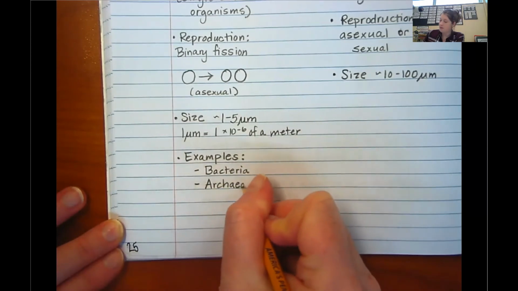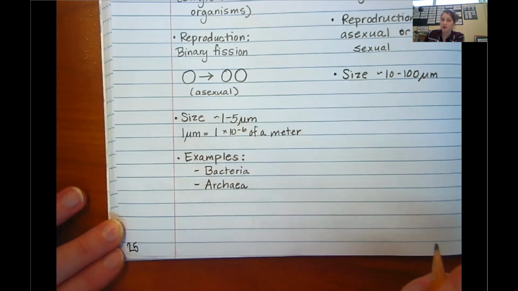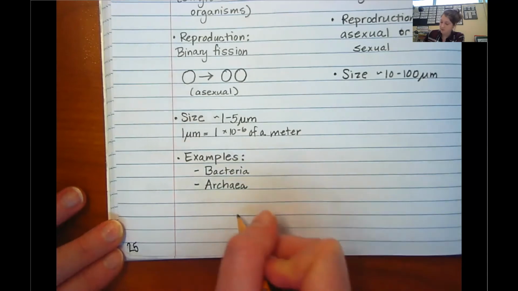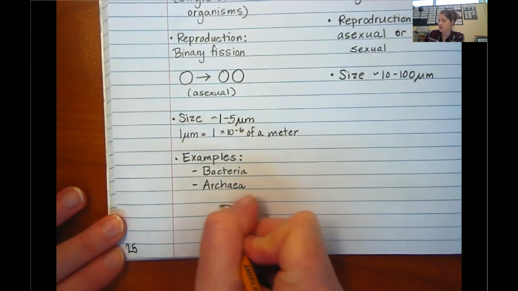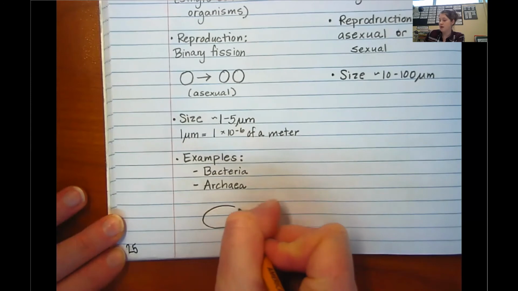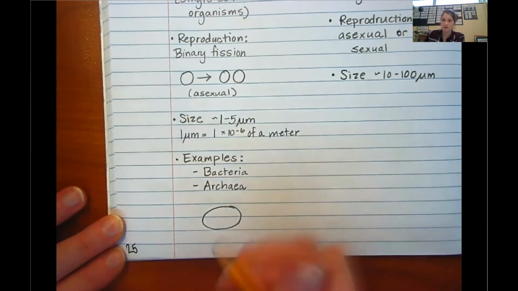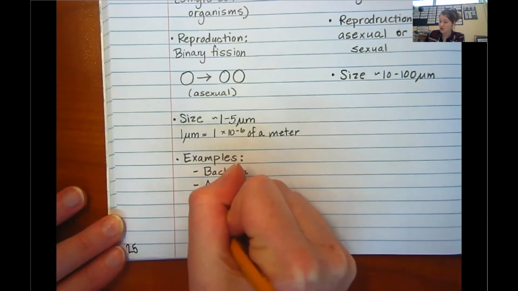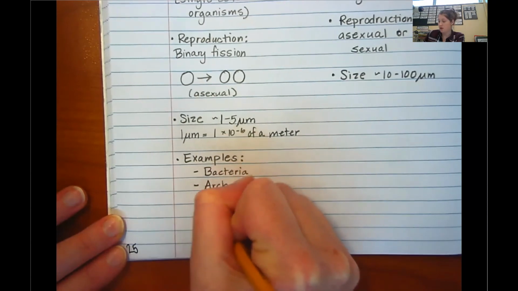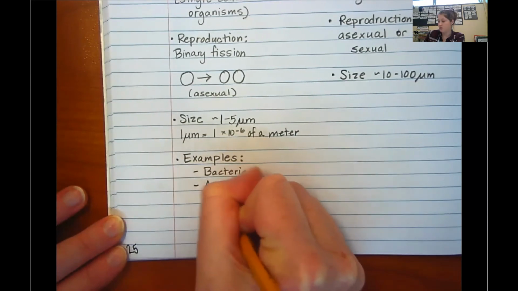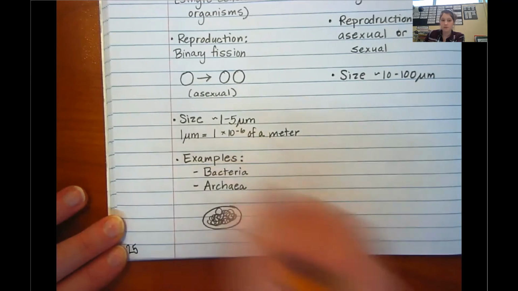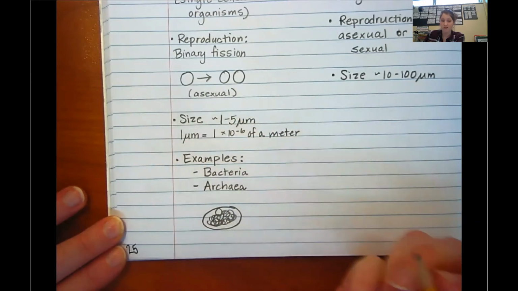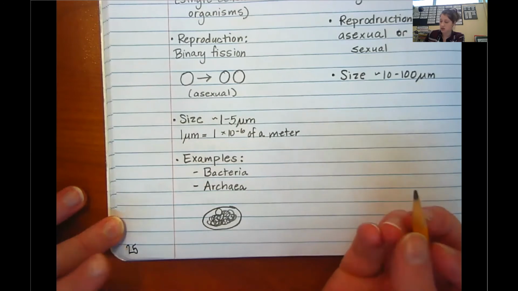We'll talk more about those another time. But these are very simple unicellular cells. That's what these are, and they're pretty basic in structure. They tend to have a cell membrane, which gives them their overall shape, and then their DNA is just jumbled up wherever. It's not organized.